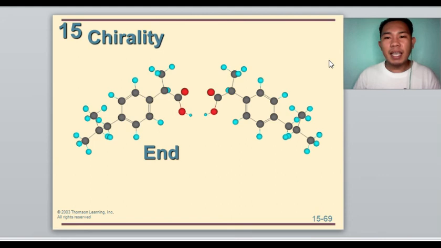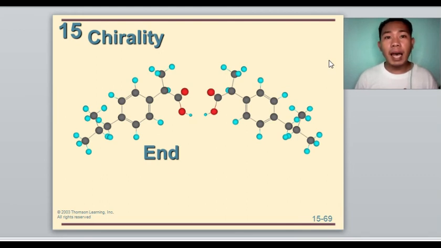To summarize everything that we have discussed, first, what is enantiomerism? A mirror image is the reflection of an object in a mirror, and enantiomers are pairs of stereoisomers that are non-superposable mirror images. A racemic mixture contains equal amounts of two enantiomers and does not rotate the plane of polarized light.